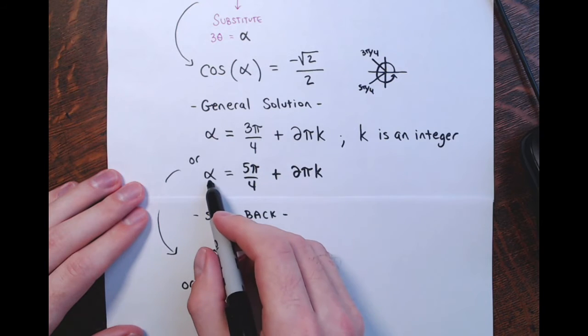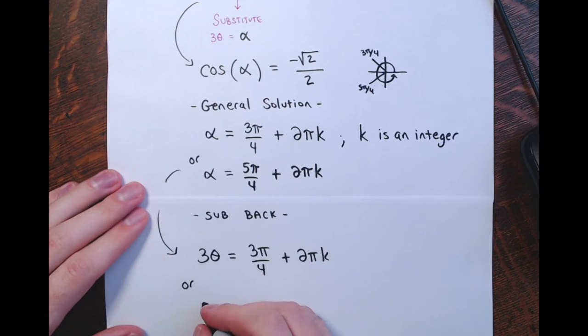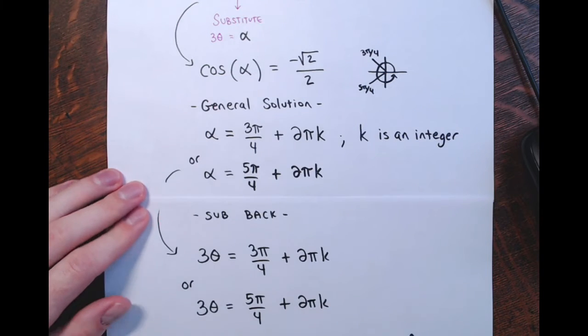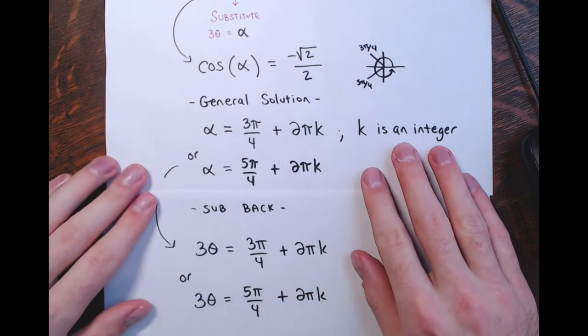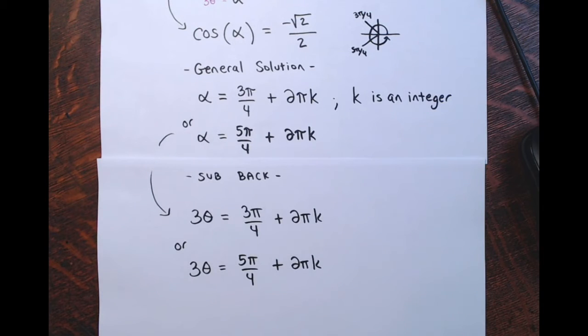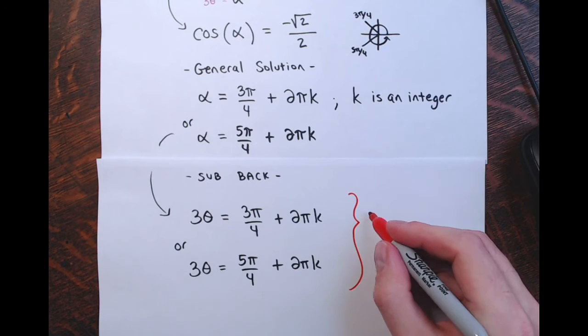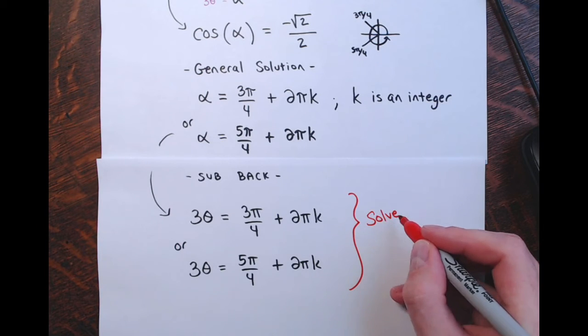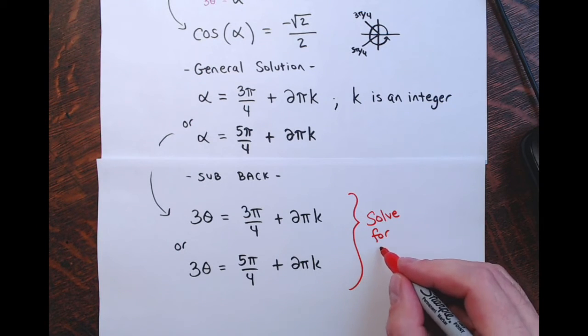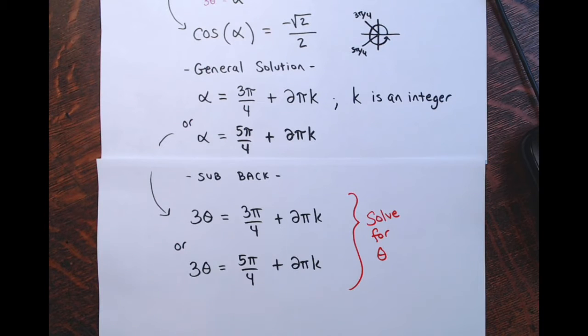Or, again, alpha here, just go back to 3 theta. 3 theta could be 5 pi over 4 plus 2 pi k, plus some multiple of 2 pi. And then I take these new equations and I solve them for theta. And we'll get the general solution of the original equation in theta.